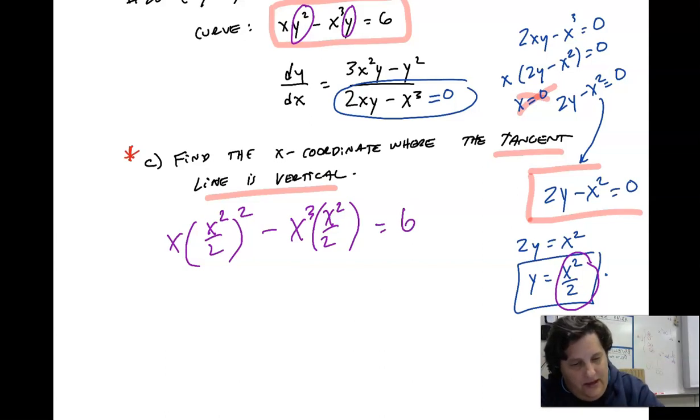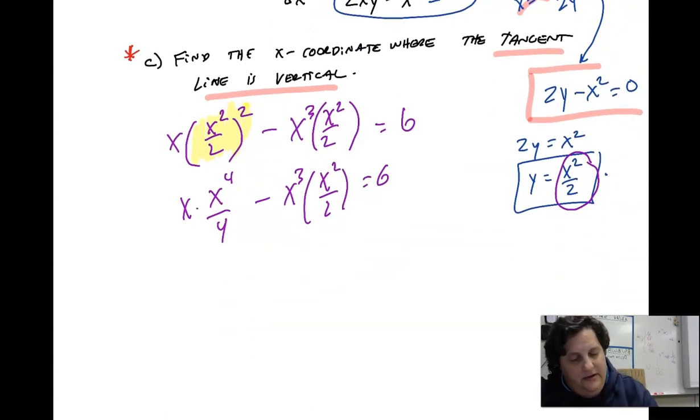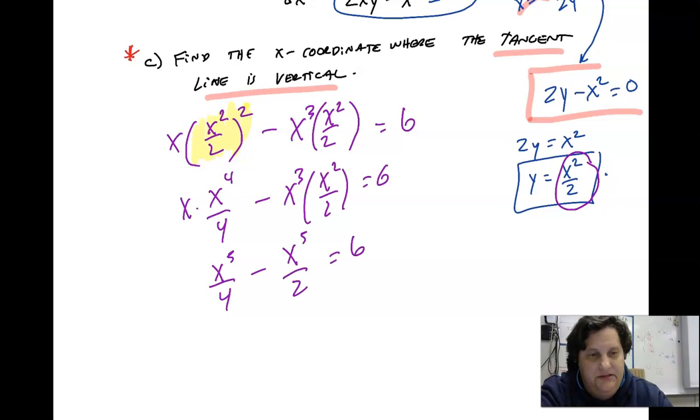Okay, right here, I'm going to square that first. So it'll be x times x to the fourth over 4, and then x to the third times x squared over 2. So it has to be something on that curve, right? Well, look, this is x to the fifth over 4. This is x to the fifth over 2 equals 6.